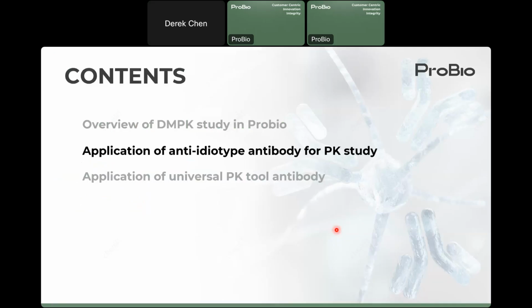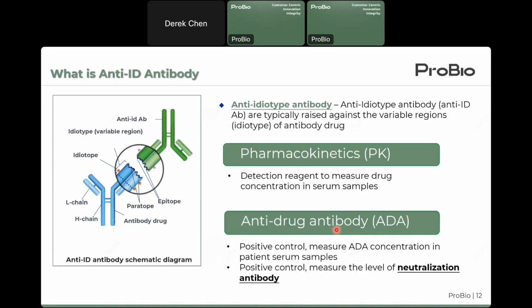Next part, we will be moving on to the second session, the application of anti-idiotype antibody for PK studies. As I mentioned previously, anti-idiotype antibody serves as a critical reagent in PK and toxicity studies.